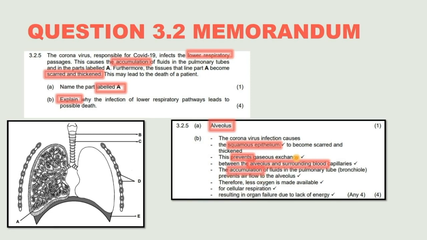Then accumulation of the fluid in these pulmonary tubes, like the bronchioles, will then prevent air from flowing into the alveoli. Then there will be less oxygen available for cellular respiration, and this will then result in organ failure due to a lack of energy.